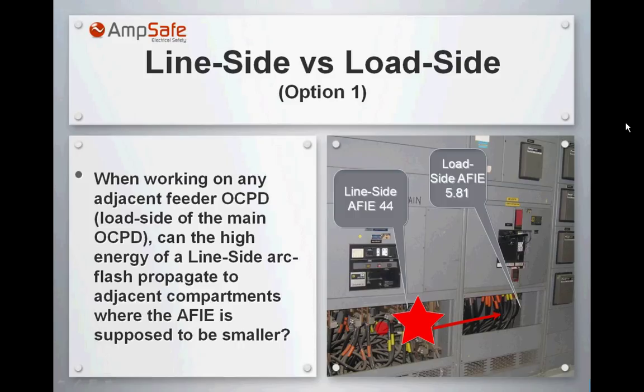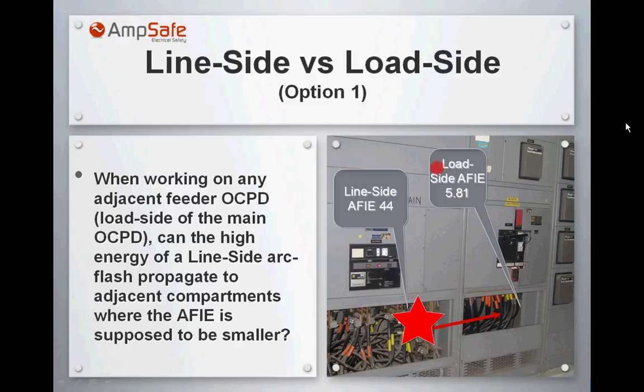This will be greater than the working distance, and we have not made that calculation. If you want to make sure what it is, then you should probably make another calculation here with a different working distance, and then you will know for sure what the incident energy is. Of course, very few people do that, if any, okay?